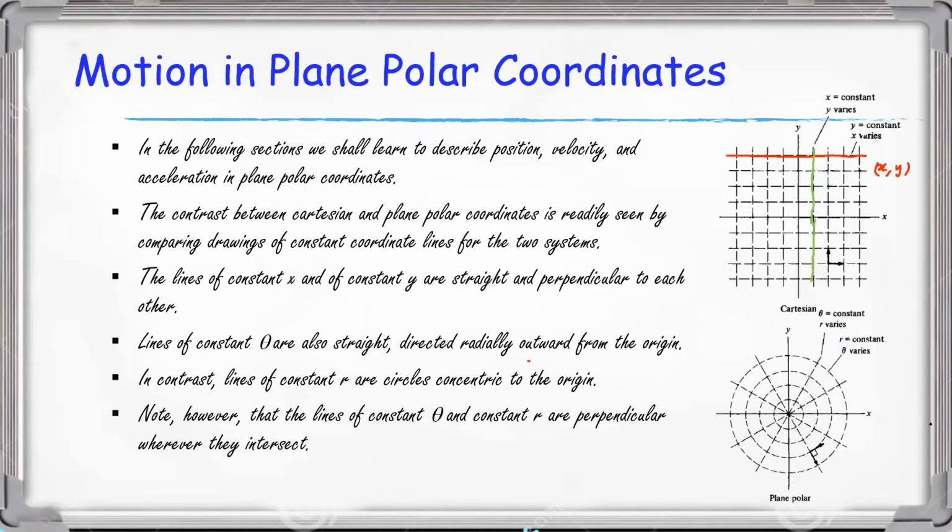At the intersecting points, the theta equal to a constant line and the r equal to a constant line are perpendicular to each other.